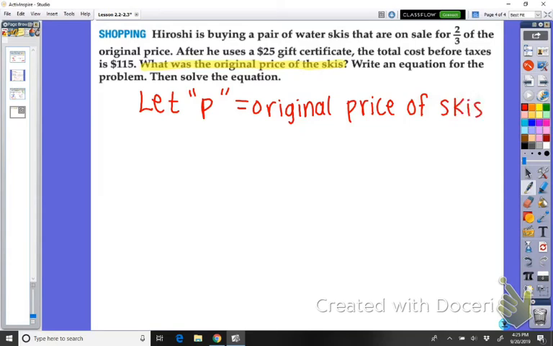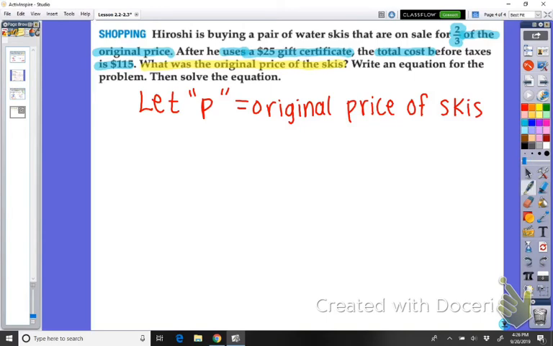And then go back and look in the word problem for some key things. We know they're on sale for 2/3 of the original price. So that's important. He uses a $25 gift certificate, and the total cost is $115.